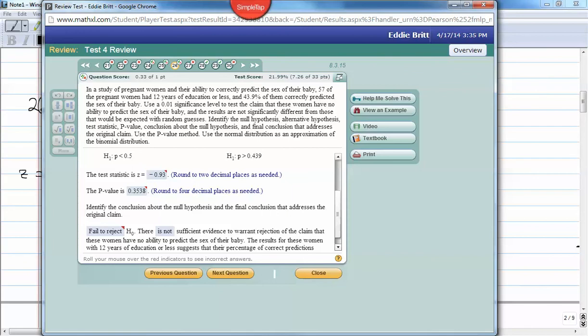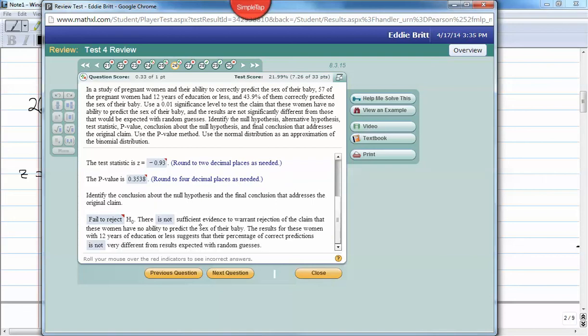So that means we fail to reject H sub O. There is not sufficient evidence to warrant rejection of the claim that these women have no ability to predict the sex of their baby. The results for these women with 12 years of education or less suggest that their percentage of correct predictions is not very different from results expected with random guesses. Okay.